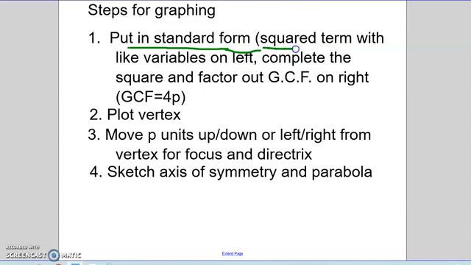So move all the variables that are not part of the squared term that we're trying to get to the other side, complete the square, factor out the GCF, that will be the 4p value, plot the vertex, and move p units up or down or left or right to get to the focus and the directrix. We can sketch the axis of symmetry on there too.